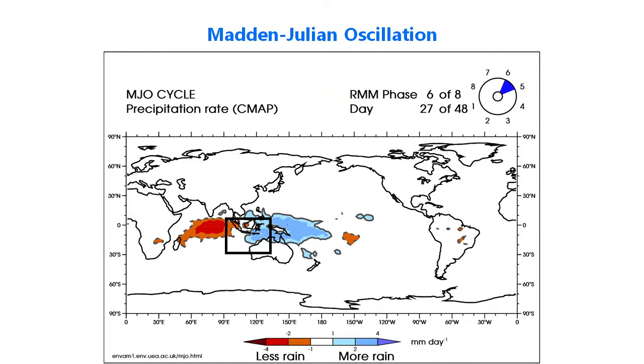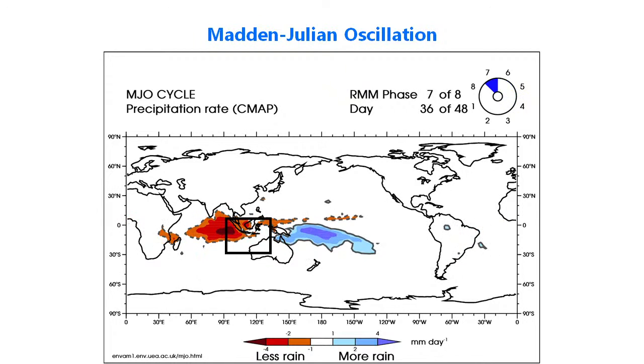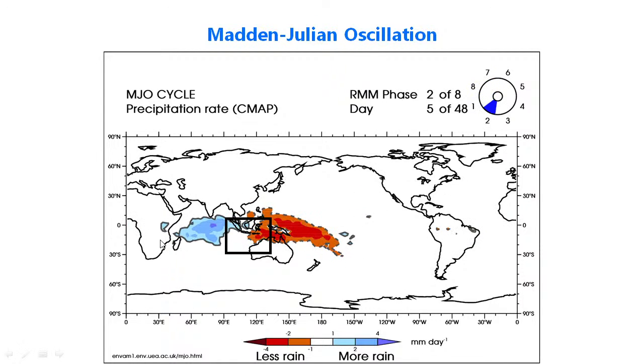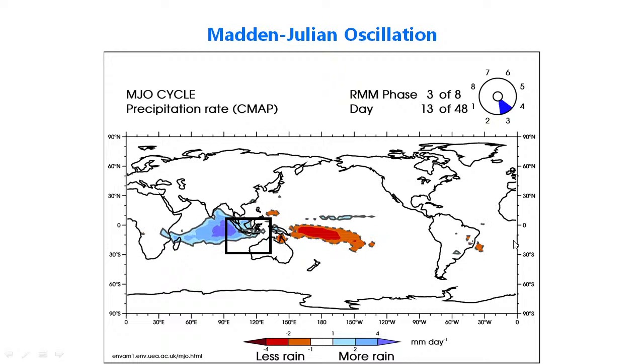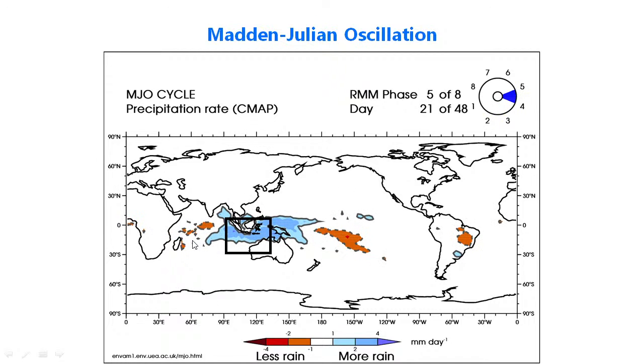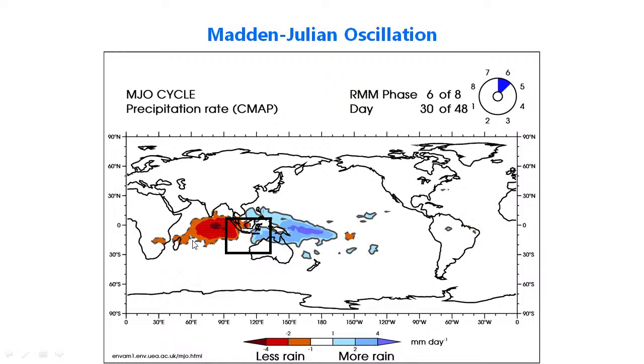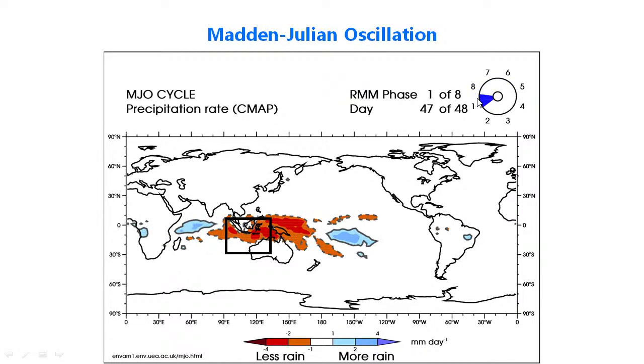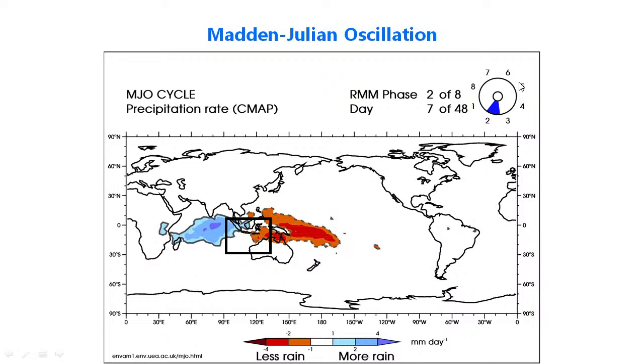The movement of this low pressure or high pressure and its associated wind from the western Indian Ocean through the Pacific, circling back to the Indian Ocean, is called one MJO cycle, and it is divided into 1 to 8 phases.